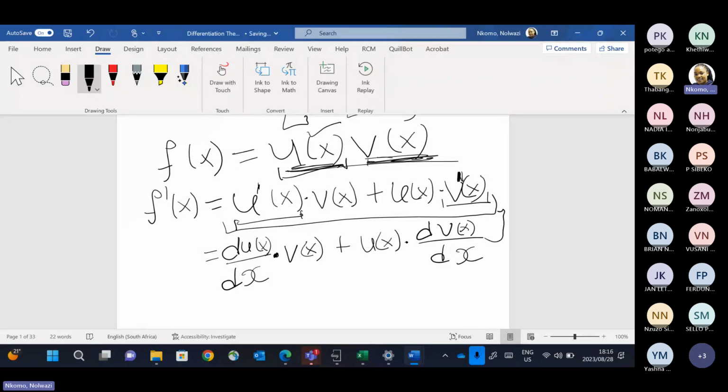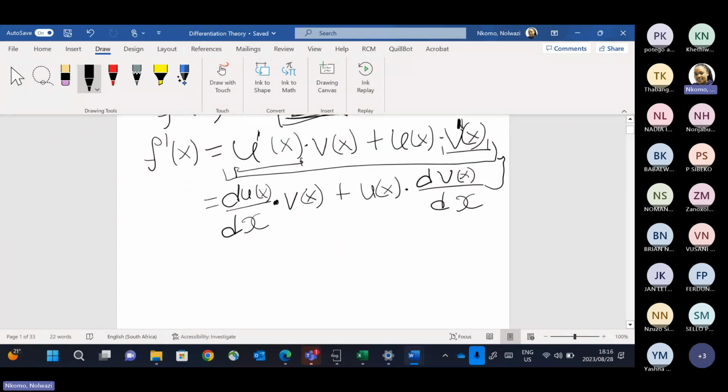This is the same thing. There is no need to write both of them; you can just write one. It depends on which one you prefer. It still means the same thing.